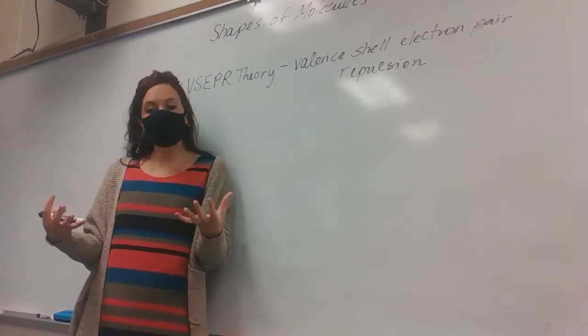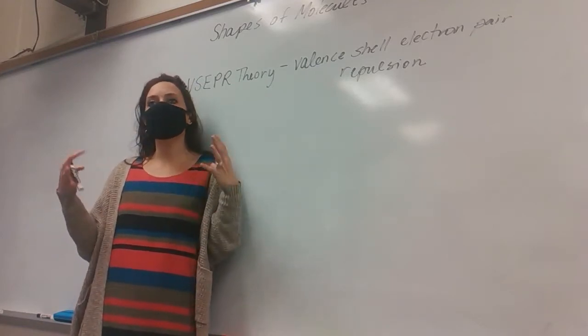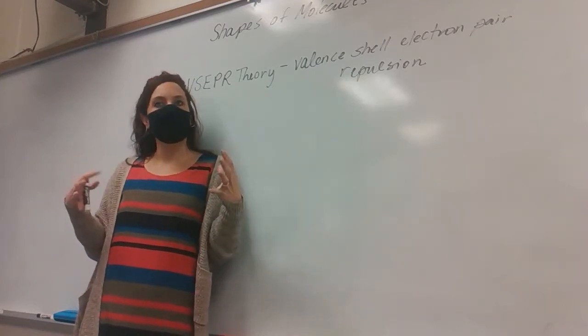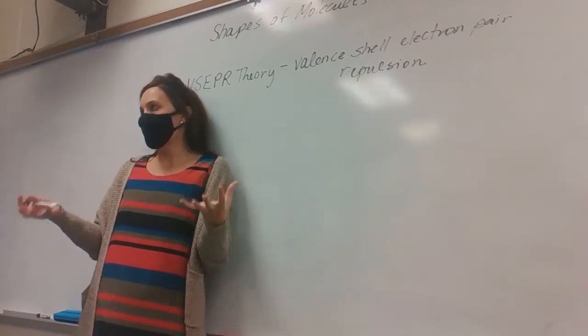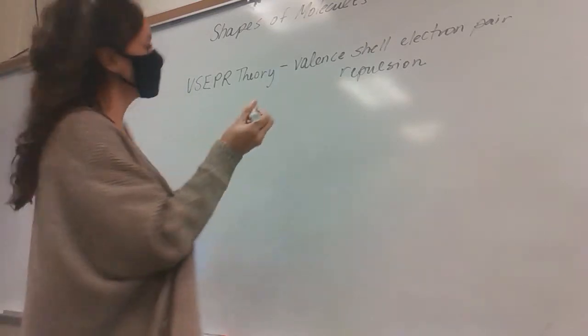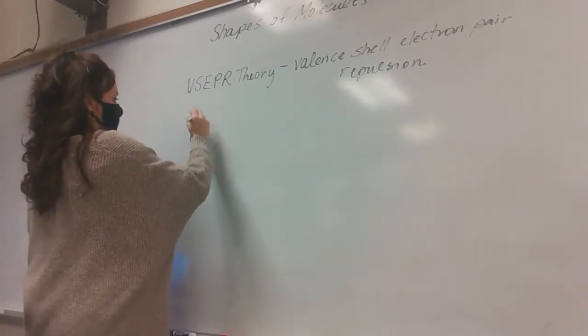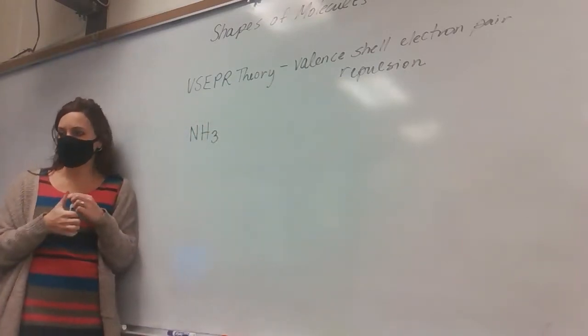So that repulsion changes the shape so that those electrons can get as far apart as possible. They avoid each other, basically. So an example is NH3.